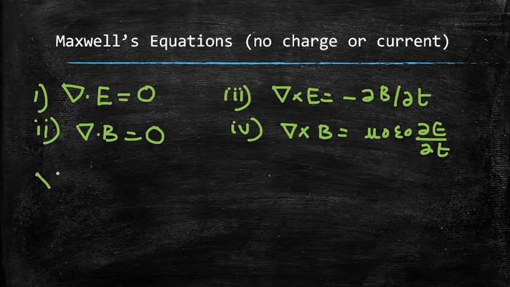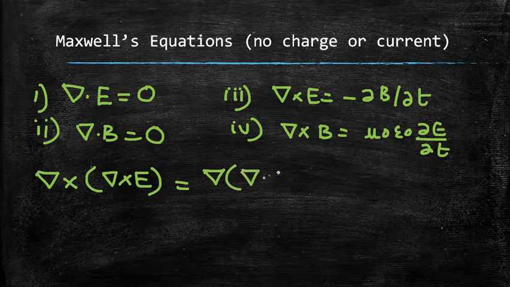What we must do is take the curl of del cross E. This comes out to be, we know del cross (del cross E) comes out to be del (del dot E) minus del square E. So this is the left hand side, the LHS.